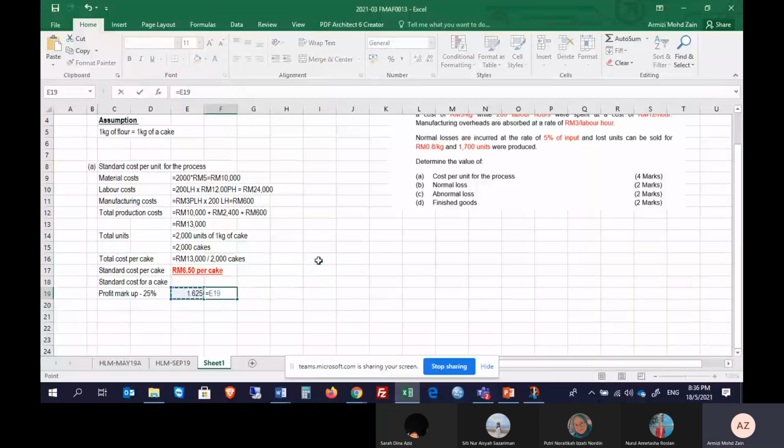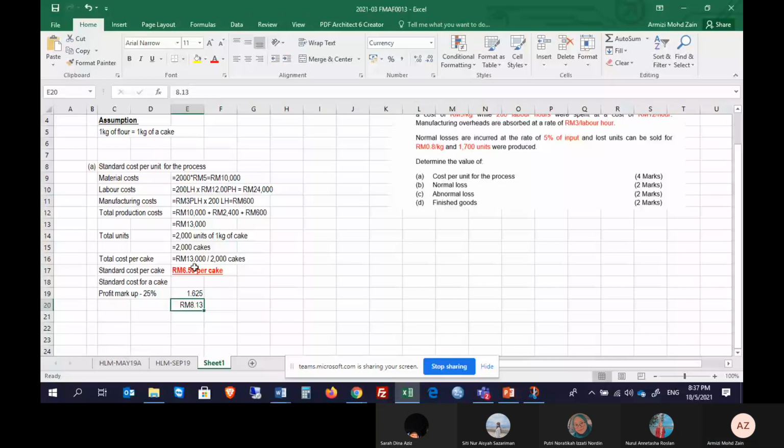This one you markup dengan 6.50, you akan dapat 1.63. So this one is RM1.63.